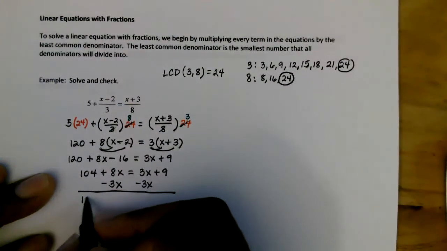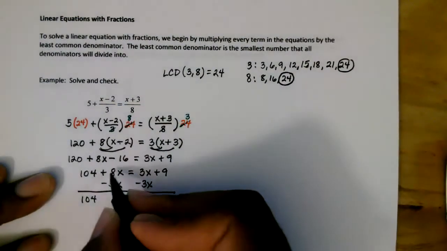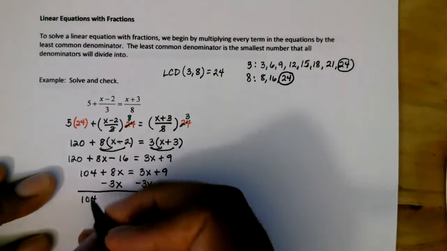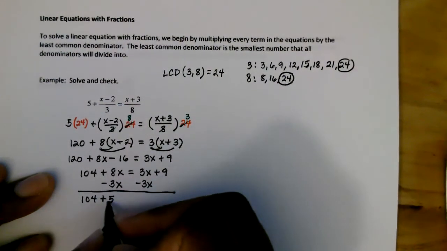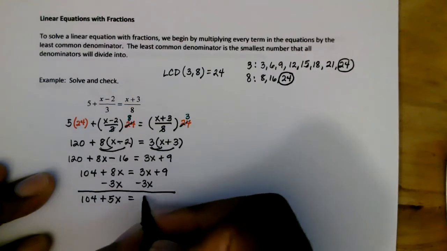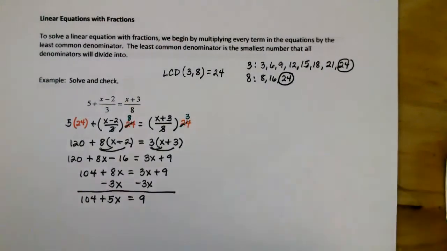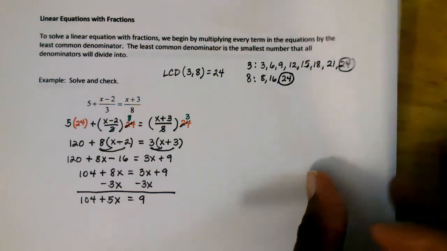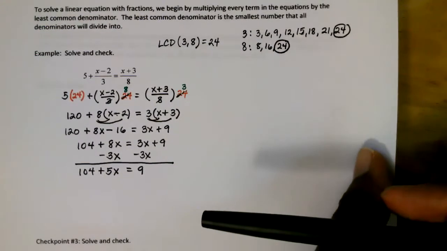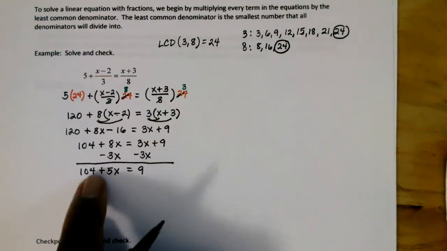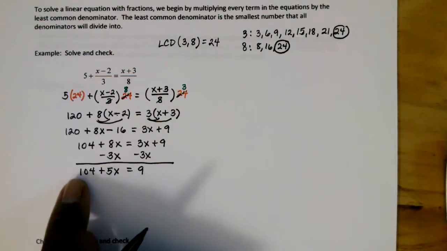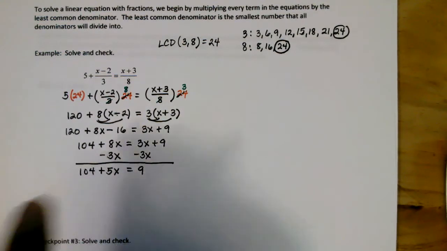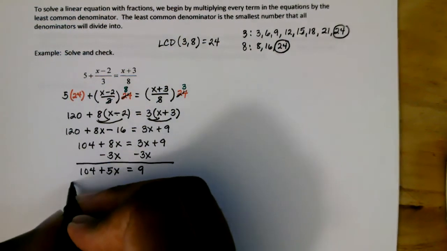So here I got 104. And then 8x minus 3x will be a plus 5x equals 9. Now to get the 5x by itself, I'm adding 104. It's a positive 104, so the opposite of that would be negative.